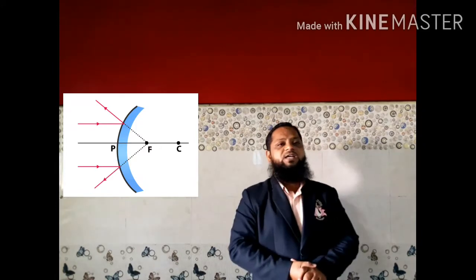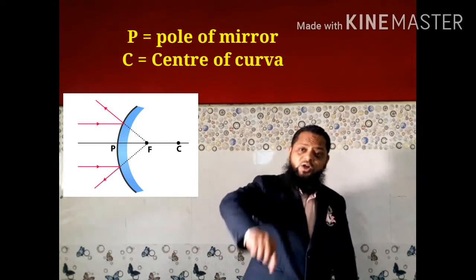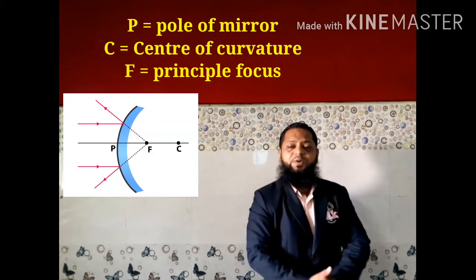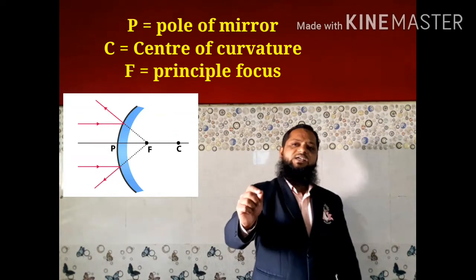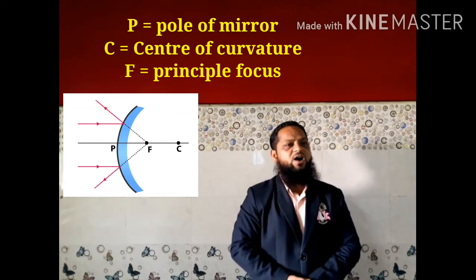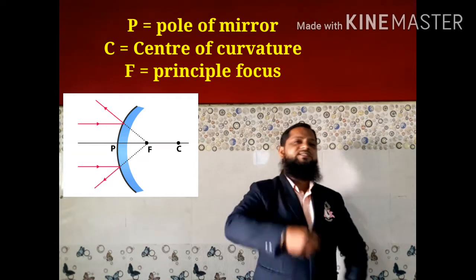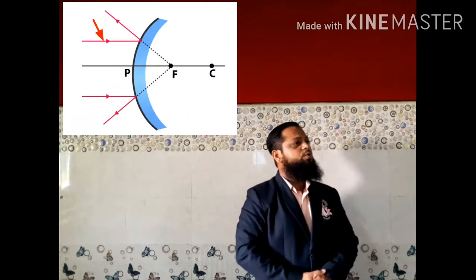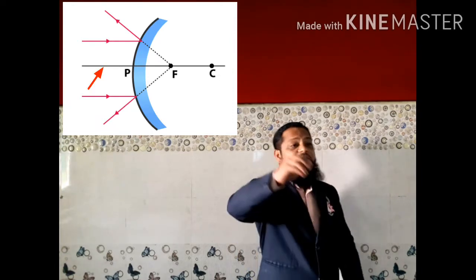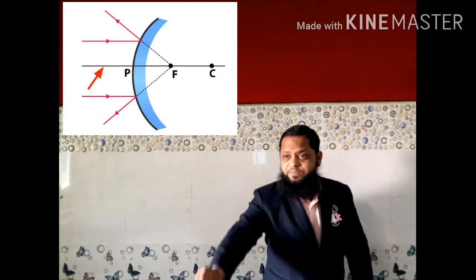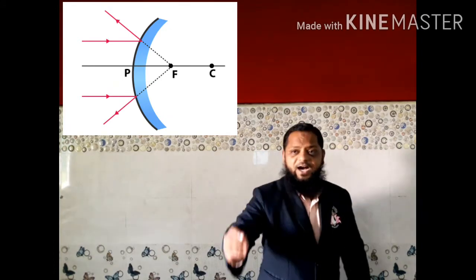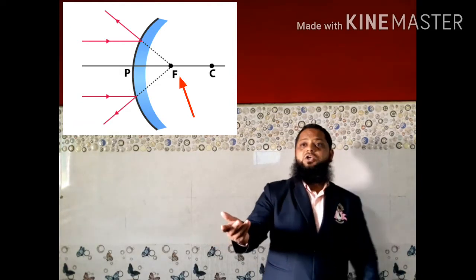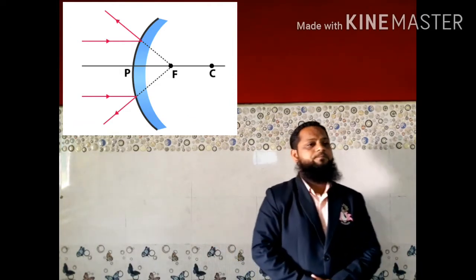In this figure, P is the pole of the mirror, F is the principal focus, and C is nothing but the center of curvature. In this diagram, the incident rays are parallel to the principal axis and fall on the convex mirror. The reflected rays meet at a focus. This is nothing but the laws of reflection.